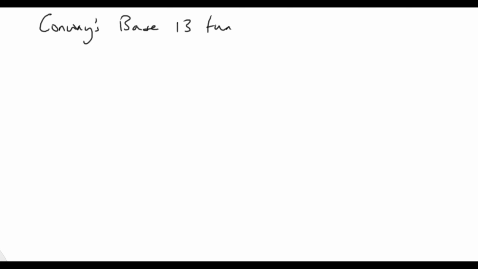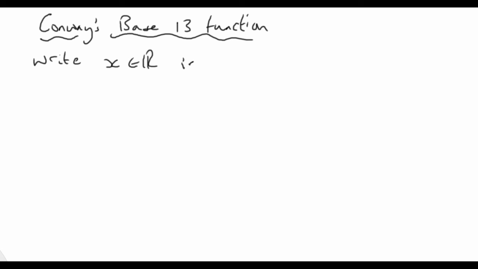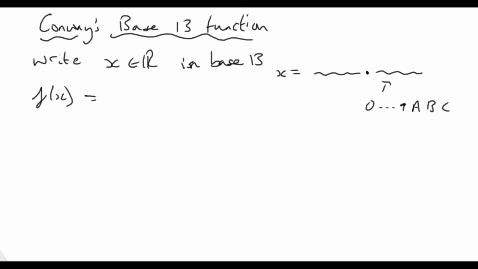So if we fix any x in our real line, we're going to think about its expansion, but not its decimal expansion. We're going to think about its expansion in base 13. So this uses digits 0 to 9, as usual, as well as a, b, and c. And we're going to define f of x based on 3 cases.